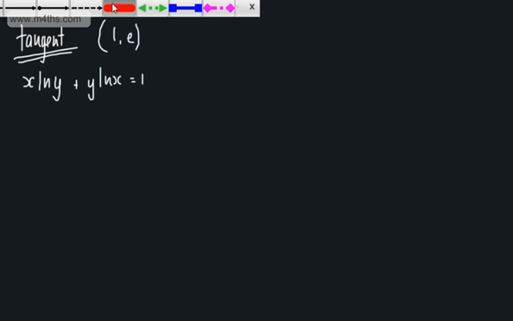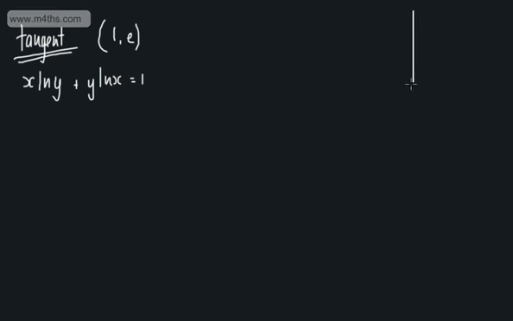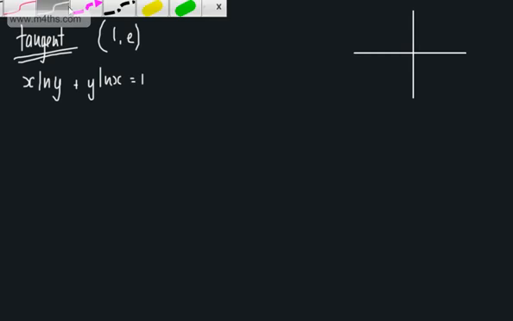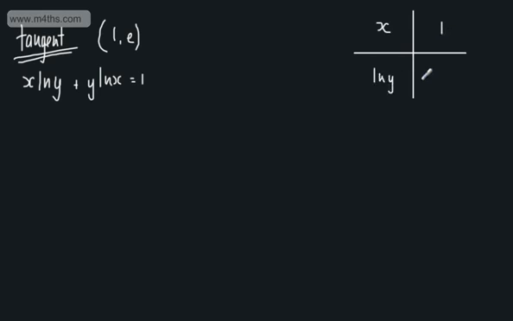So what we've got here is a product, and we've got a product. So I'm going to need to use the product rule on each of these parts. So what we've got is the following. We've got now, on the first one, we'll have x and its derivative. So we'll have x and 1. We will then have the natural log of y. Its derivative with respect to x is its derivative with respect to y multiplied by dy by dx. So what do we end up with then?